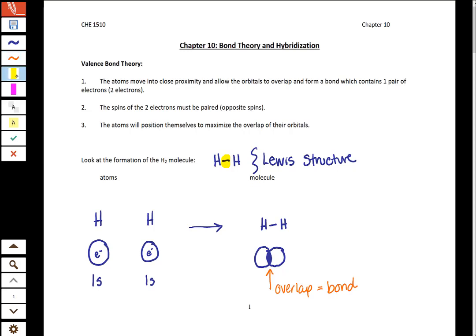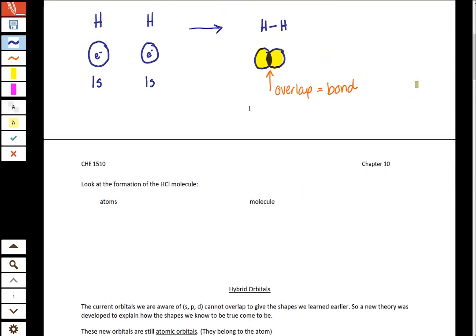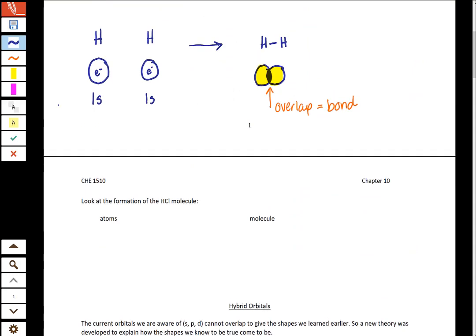And so the electrons can really be anywhere in this area or this area. And technically they can be even further away from that. But when those two orbitals overlap, that's what's causing your bond. Now we can have more complex examples, which we'll show you here with the HCl molecule.